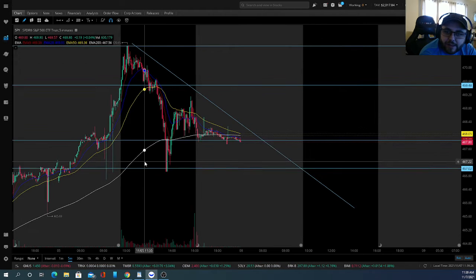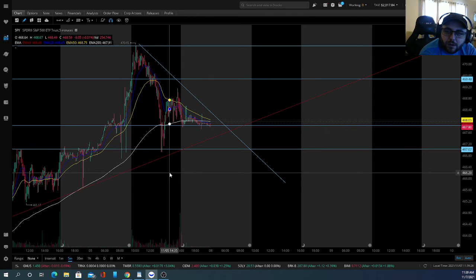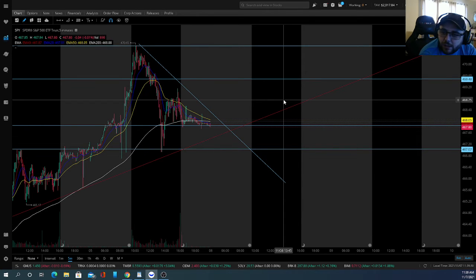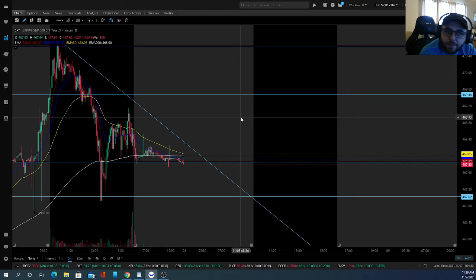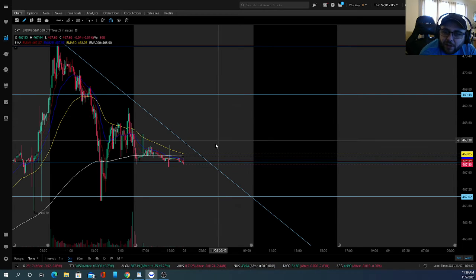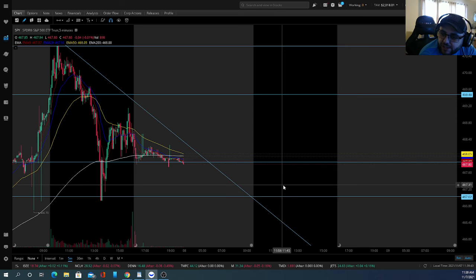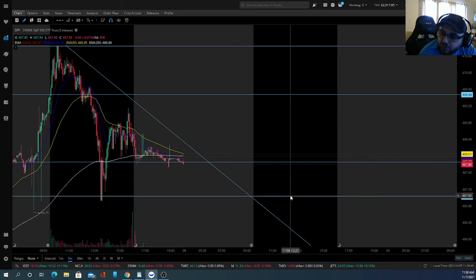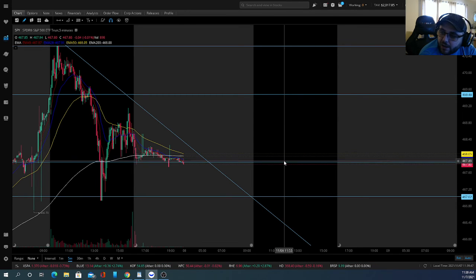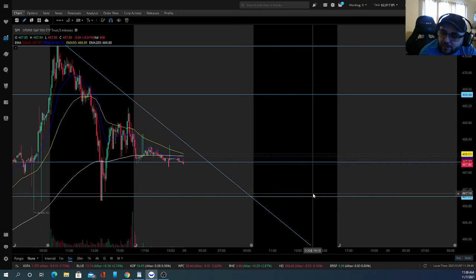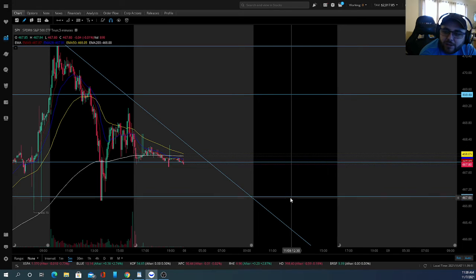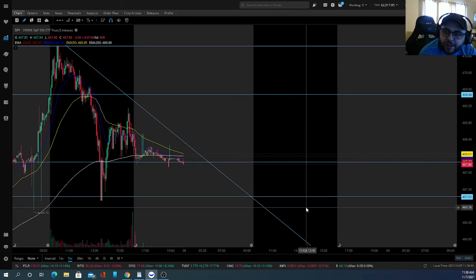I'll do another video on the option block explaining where I would get in on these prices. If the market was to dip down here and hold support, I'm going to look for the 467. I'm going to see if I can get a 2-day contract on it pretty cheap right here.